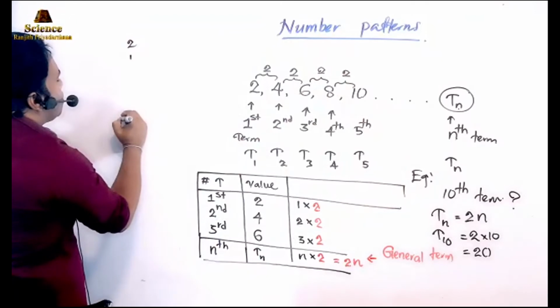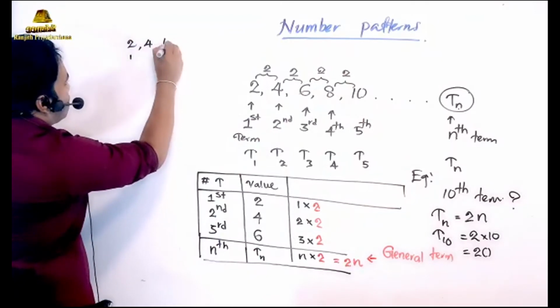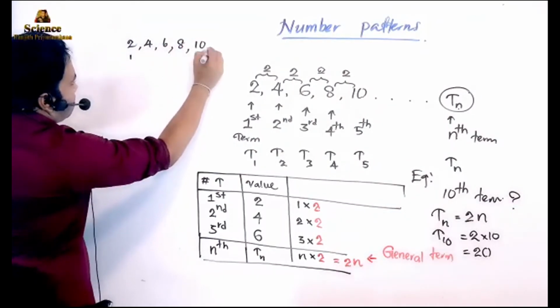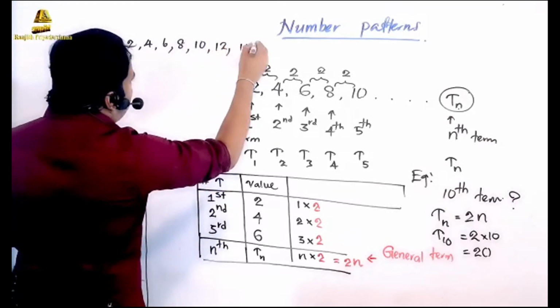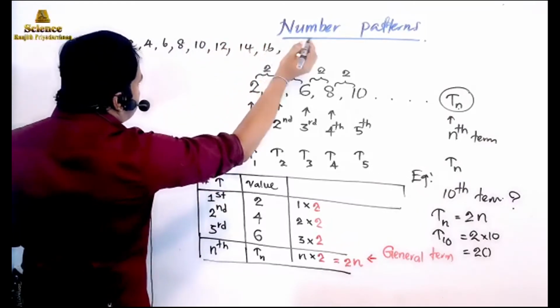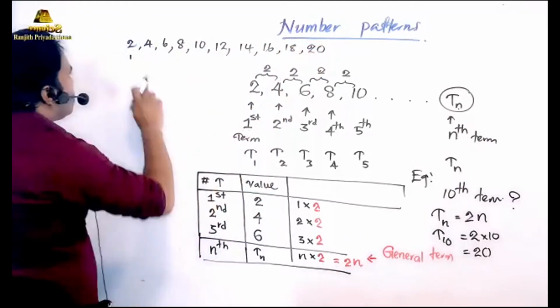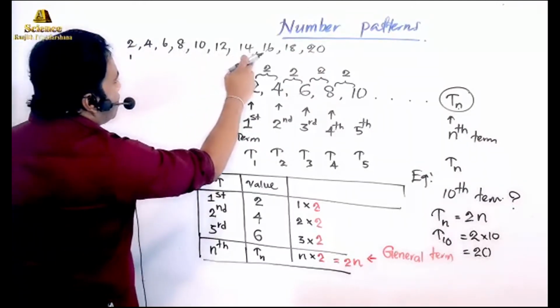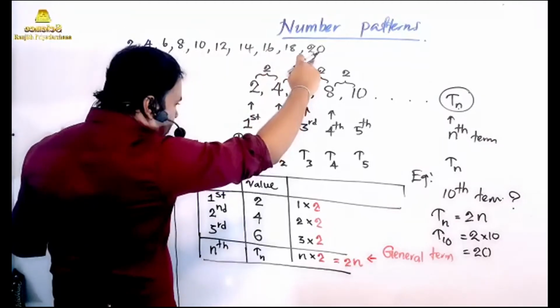First term, so that's 2, 4, 6, 8, 10, 12, 14, 16, 18, 20. Okay, let's count that. 1, 2, 3, 4, 5, 6, 7, 8, 9, 10. So the 10th term is 20.